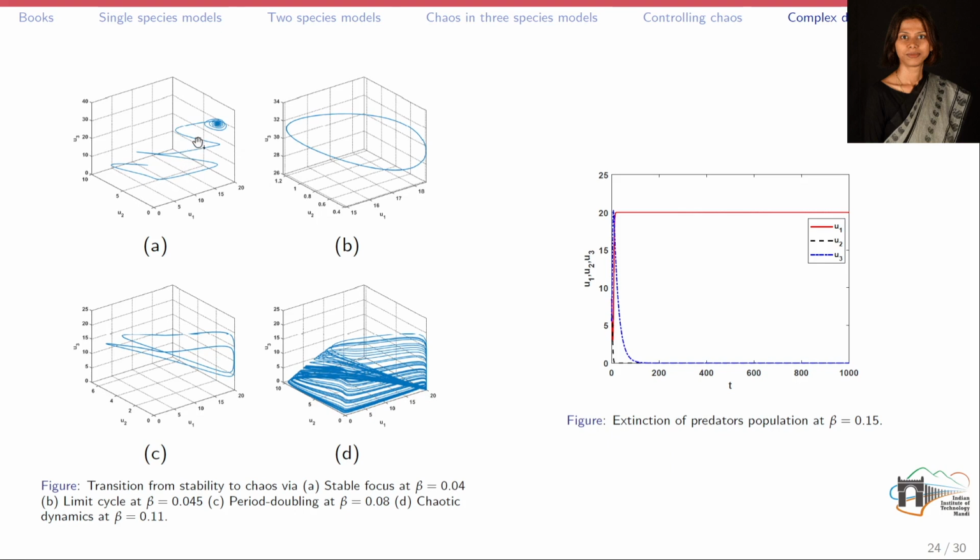The stable dynamics changes into a limit cycle, then into a period 2 limit cycle, and finally into chaotic dynamics at beta equal to 0.11. Also, at beta equal to 0.15, the extinction of the predator population was seen, which is one of the phenomena seen in ecology when there is group defense by the prey population.